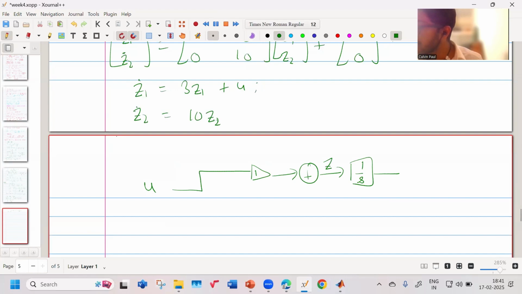So this is your Z1 dot, and this is your Z1, and this is 3. So Z1 dot is actually 3Z1 plus U.